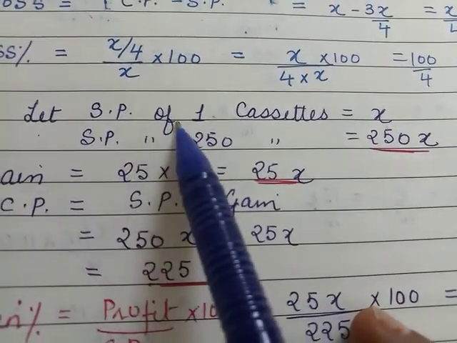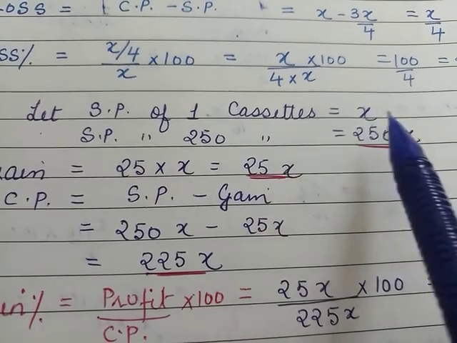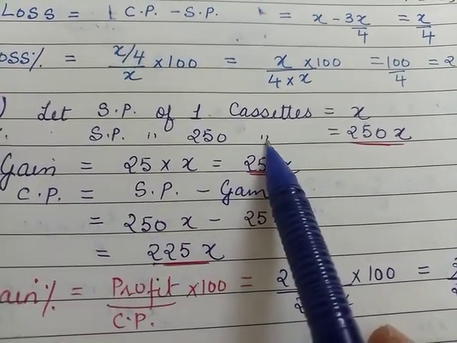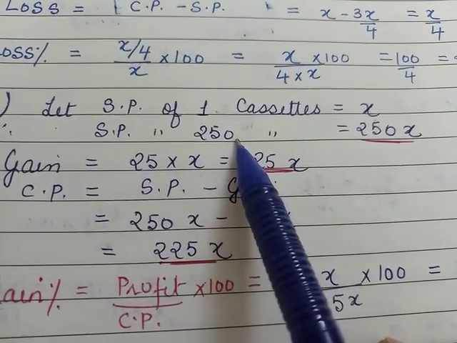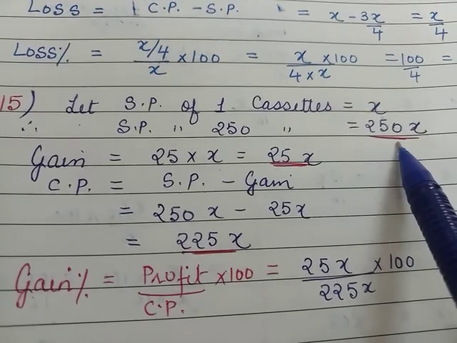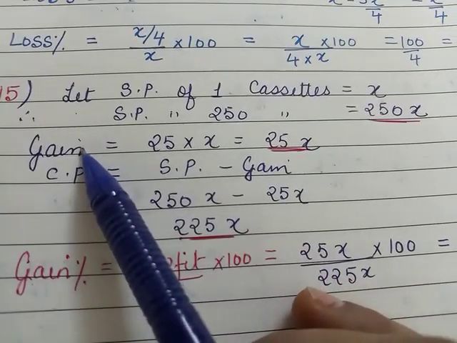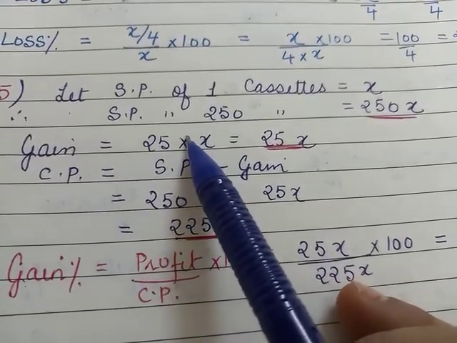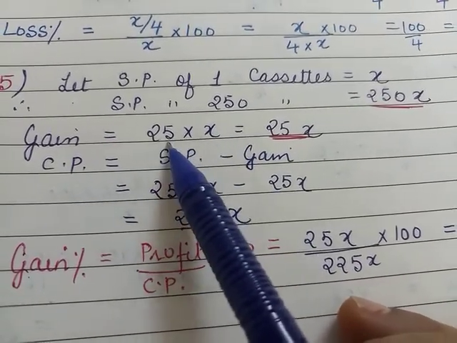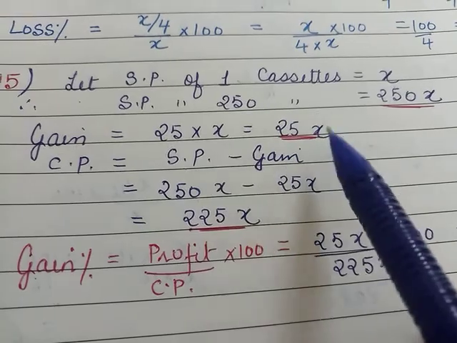So we let the selling price of one cassette be equal to x. As he is selling 250 cassettes, the selling price of 250 cassettes becomes 250x. Now he is having the gain that is equal to the selling price of 25 cassettes, so that becomes 25 into x, that is 25x.